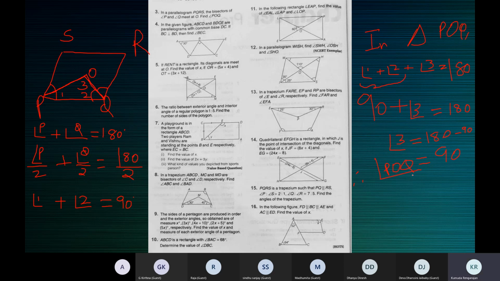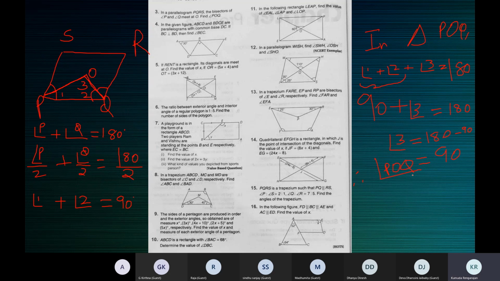Got that, children? All right, children, please write down now. Very important result. Just make a note of this statement.